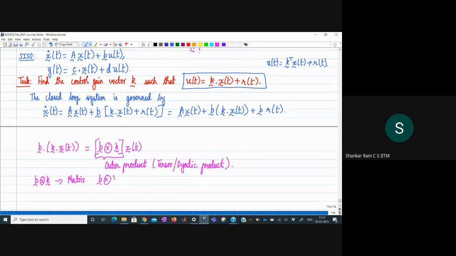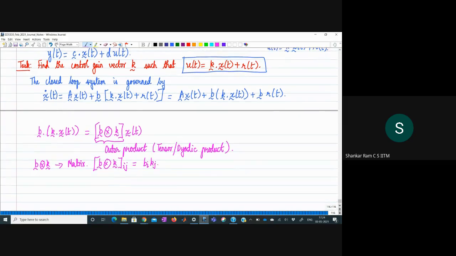If we want the ij-th element of B outer product K, we take the i-th element of the vector B and the j-th element of the vector K, and then we just multiply them. That's how we get the outer product, or the tensor product, of two vectors.